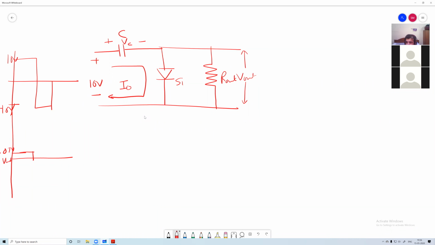Now this is already charged to 9.3 volt, and now Vin is minus 10 volt, right? Now what will be the direction of the current?